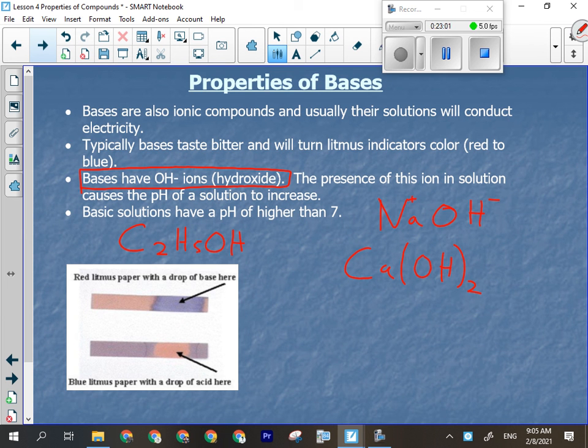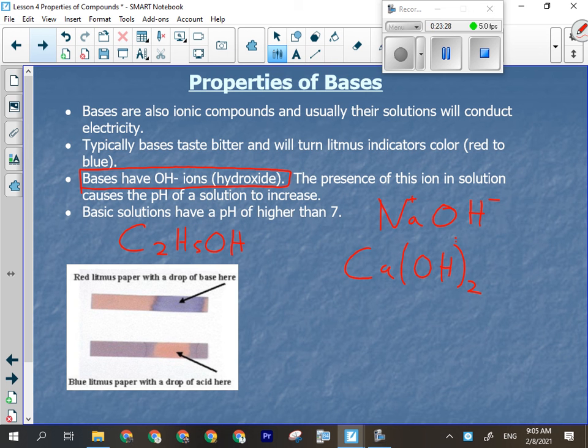That's alcohol. What's in booze. In hand sanitizer and other things. So that is not a base, not an ionic compound. You've got to look at it carefully. Don't just go, oh, that ends in OH, it must be a base. No, not always. If it's ionic and it ends in OH, then yes. If it's molecular and ends in OH, not necessarily.